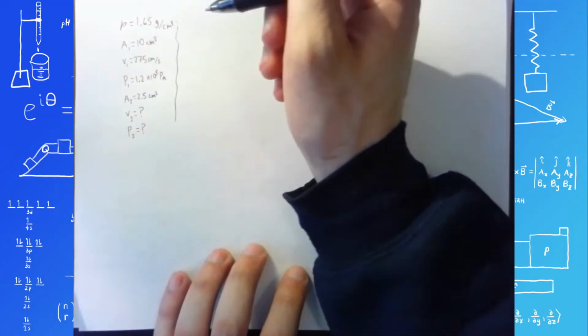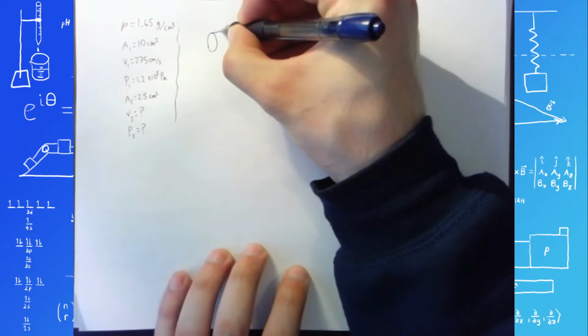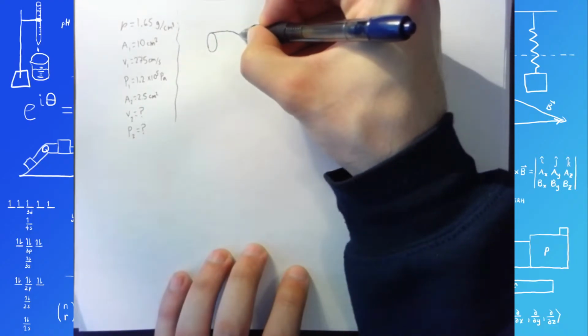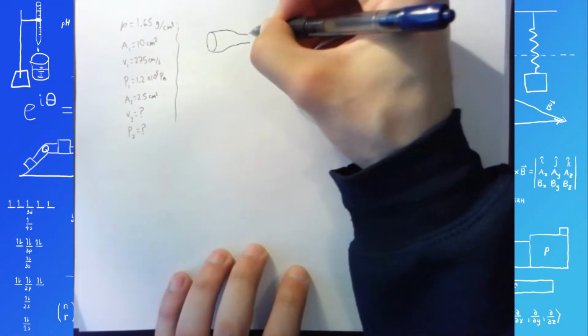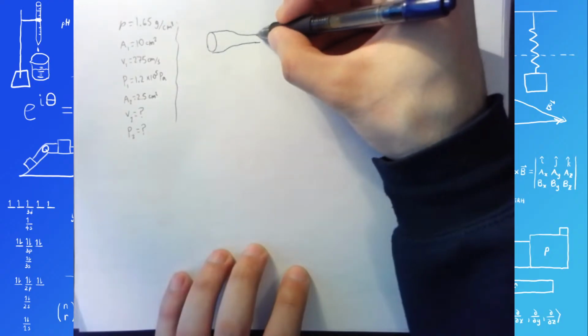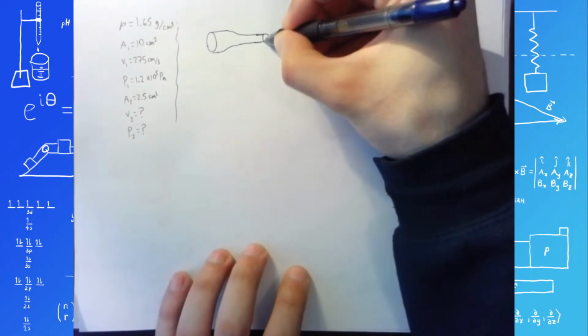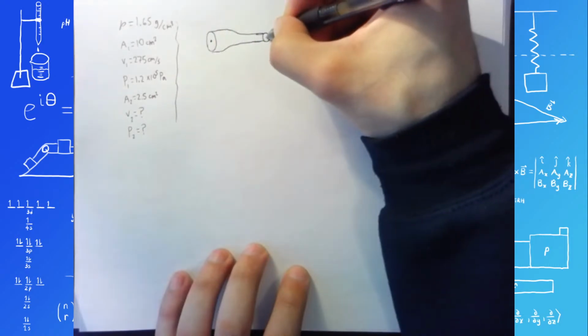So first part, finding V2 should be easy. They said it's a horizontal tube, so there's no height difference that we need to take into account when using Bernoulli's equation. And we can just apply the equation of continuity there. There is no height change, at least between here and here.